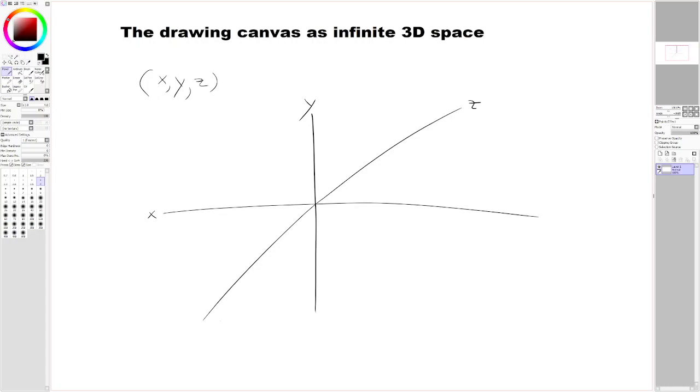So perhaps let's say we're plotting a sine wave. I'm not going to do this 100% accurately, but let's say the sine wave is closer to the viewer, so it's larger. But as it goes deeper in 3D space, it's still the same sine wave, so it's repeating, but because it's going further in 3D space, it's becoming a bit smaller.